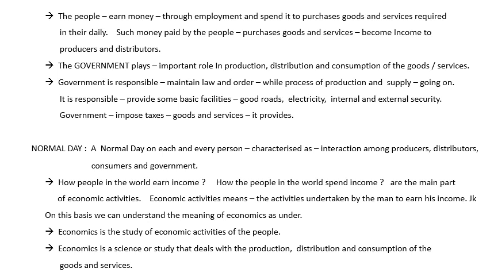That means a normal day of each and every person in the world is characterized as interaction among producers, distributors, consumers and government. It means that people are always interacting with other people for the purpose of production, distribution, consumption, or government activities.